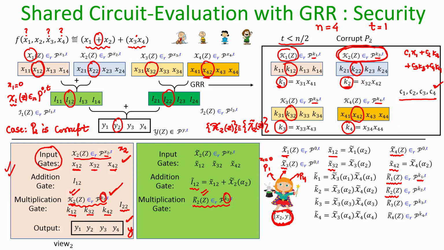And what is the property of this simulated k2 polynomial? Well, it is also a random t degree polynomial. Its constant term is the simulated k2, and the simulated k2 is actually the product of the simulated x3_2 share and the simulated x4_2 share. So, component wise the probability distributions are the same.